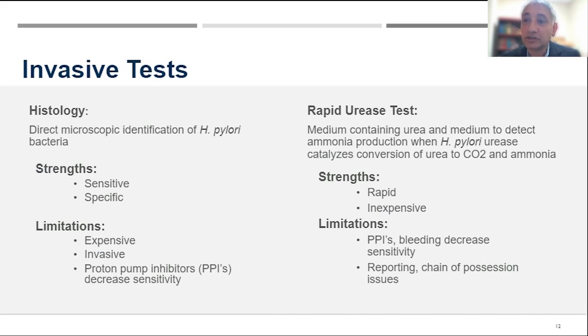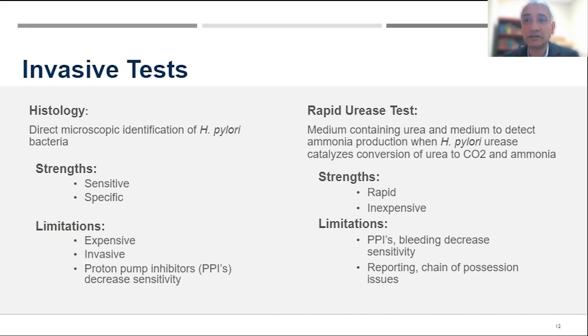The ammonia changes the pH of the medium to an alkaline pH, and the change of the medium to the basic or alkaline range results in a color change that alerts the clinician to the presence of H. pylori. This test is typically performed at the bedside when an upper endoscopy is being performed.